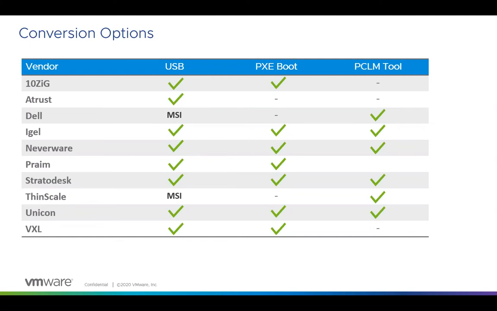For things like Dell and ThinScale, because these are Windows-based, then it's an MSI. So that ThinScale shell replacement would be an MSI, and equally, whilst Dell does some replacement and maybe some more changes than just that kind of shell, because it has a write filter and things like that, fundamentally it's still an MSI that does that.